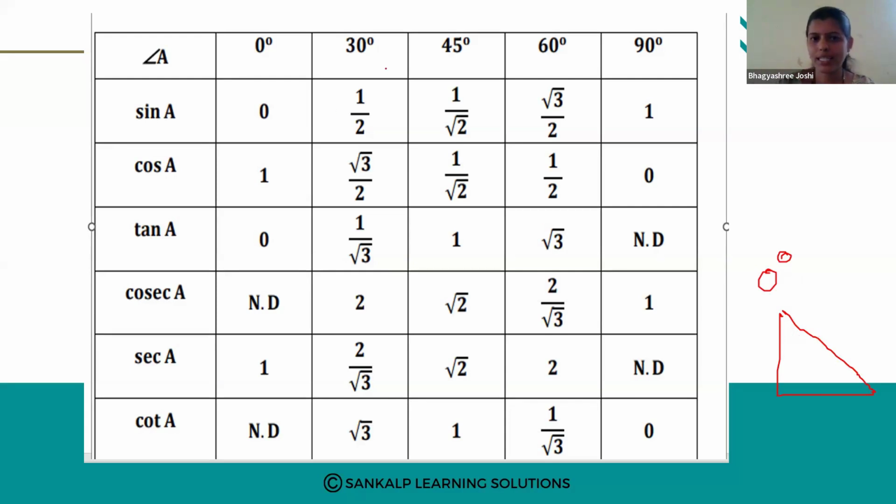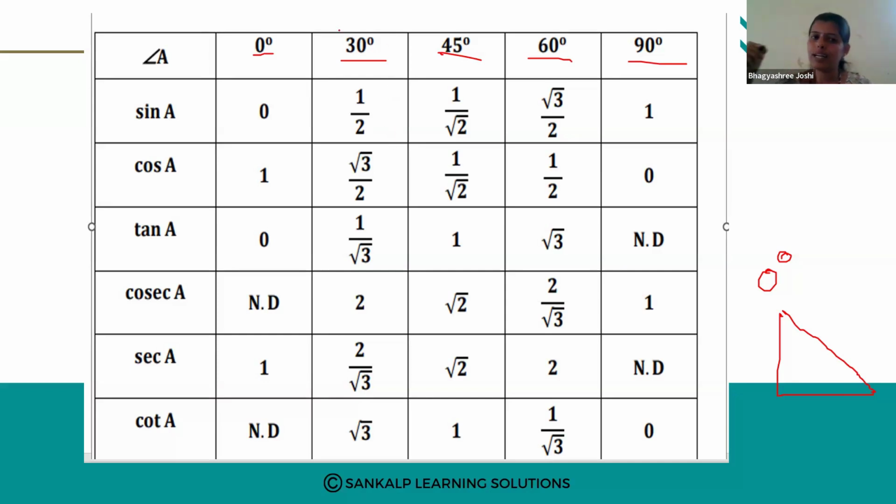But here we are considering some standard angles: 0 degree, 30 degree, 45 degree, 60 degree, 90 degree. For these standard angles, what are the values of sin theta, cos theta, tan theta, cosec theta, sec theta, and cot theta? These are the values of trigonometric ratios of standard angles, right?